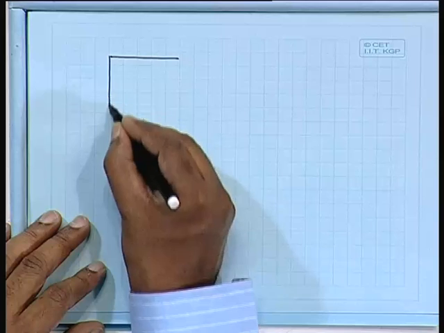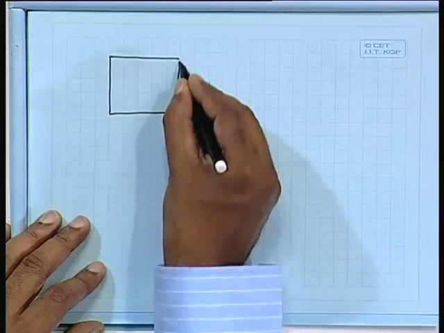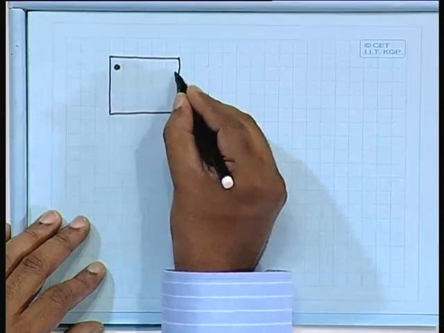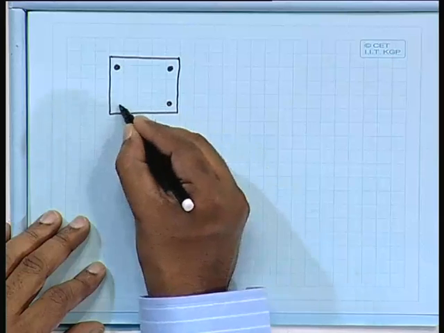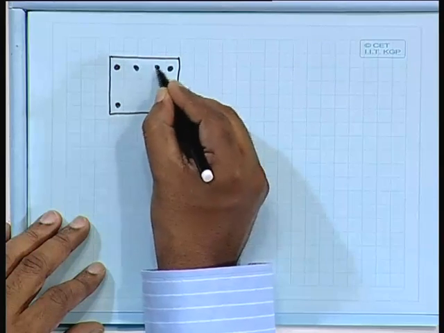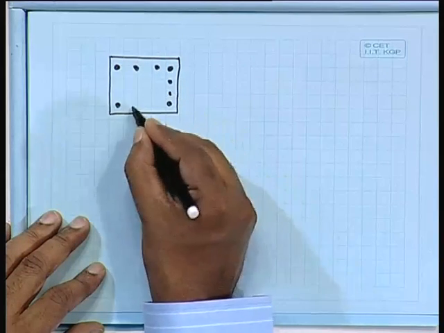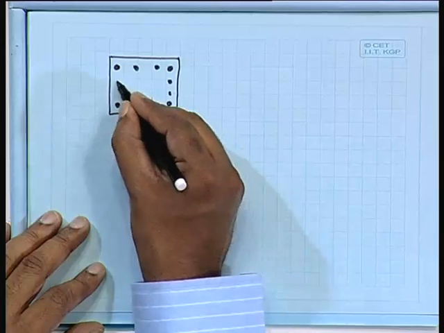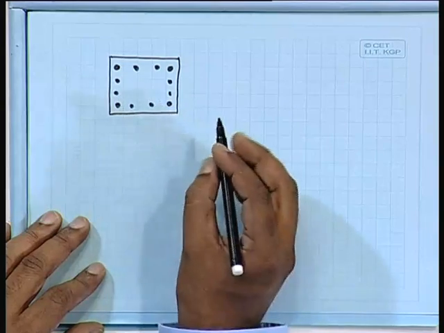Let us see how much gap we have. If we have 12 bars uniformly distributed, after all it is an axially loaded column, so we can distribute that uniformly.